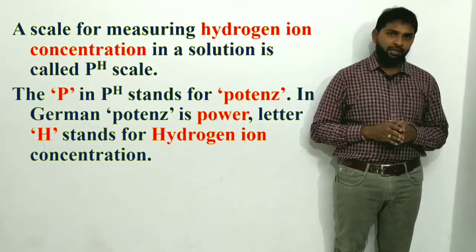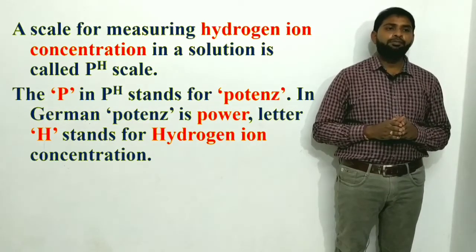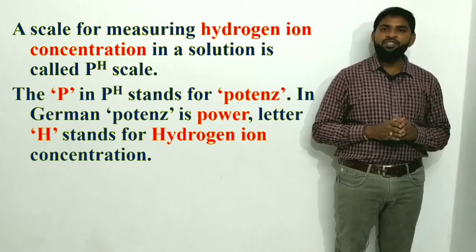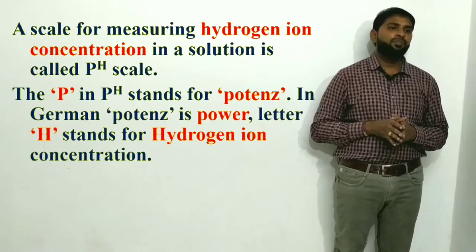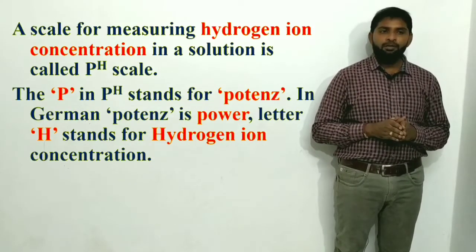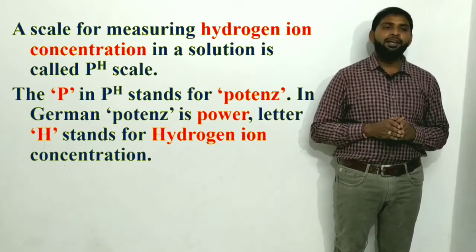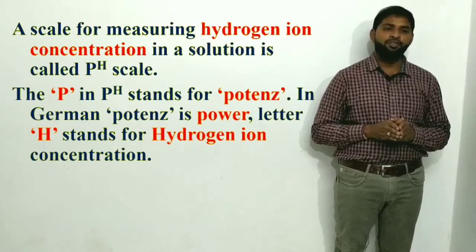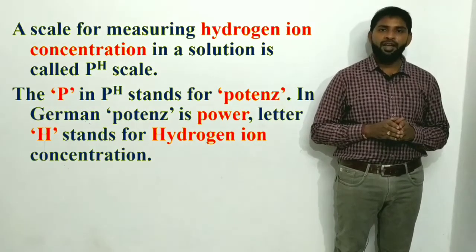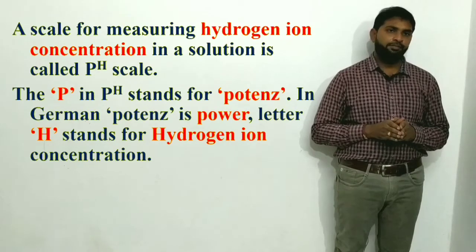In pH, the P stands for potenz. In German, potenz is power. Letter H stands for hydrogen ion concentration.